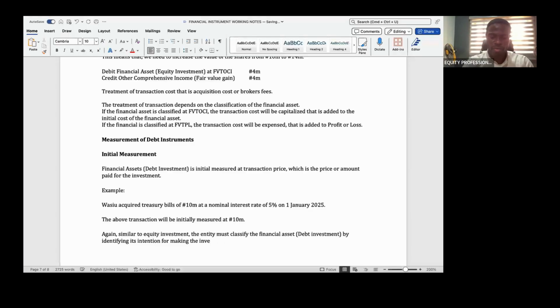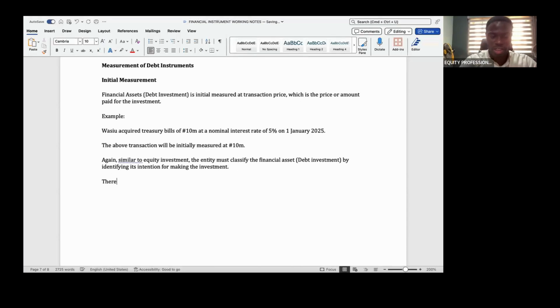Its intention for making the investment. Just like I explained to you on the equity investment, we need to classify. IFRS 9 requires that on the date of acquisition, you need to classify the financial asset by identifying what's your intention.